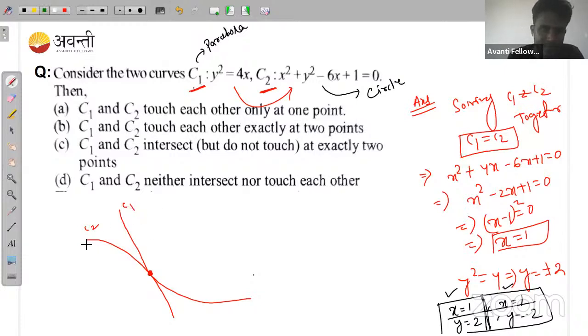How will we know that C1 touches C2? Tell me the idea, geometrically, how we prove that this curve C1 touches C2? कैसे? How we prove that the two curves given are touching each other?